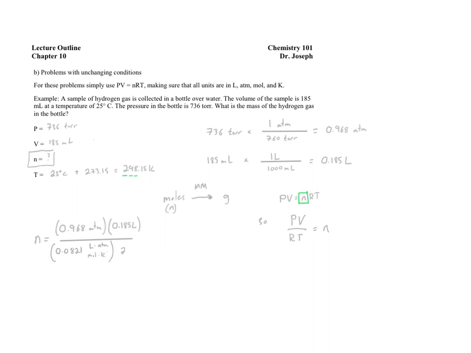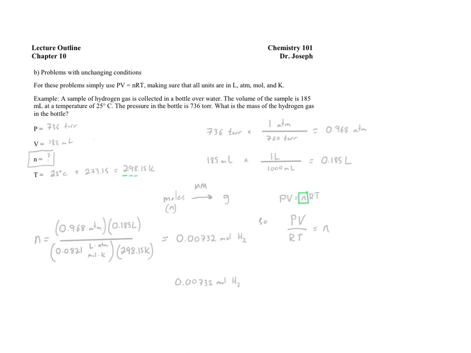We're going to multiply that by the temperature in Kelvin, which is 298.15 Kelvin. We do all this, we can type this into our calculator and get 0.00732, and that's moles of hydrogen gas.